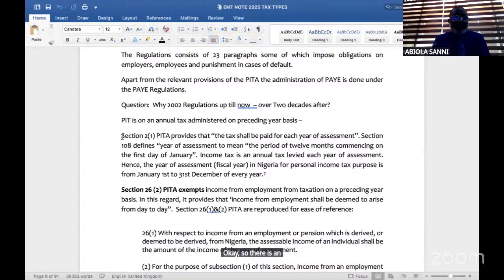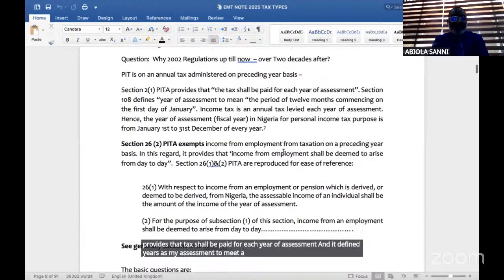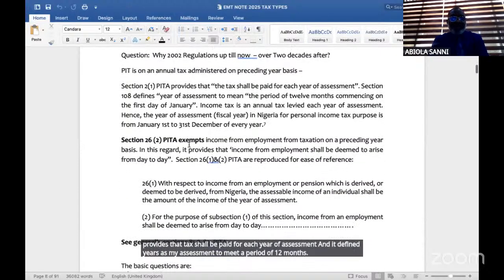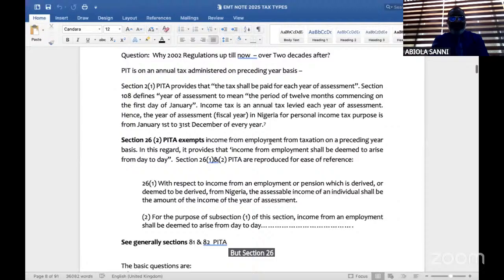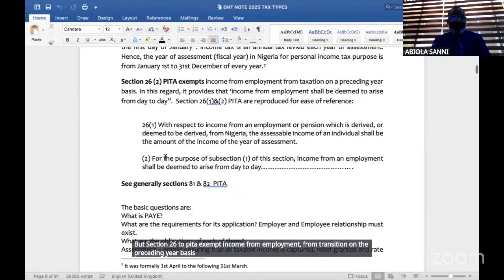There is a provision in section 2(1) which provides that tax shall be paid for each year of assessment, and it defines year of assessment to mean a period of 12 months. But section 26(2) exempts income from employment from taxation on a preceding year basis. And this is the provision.